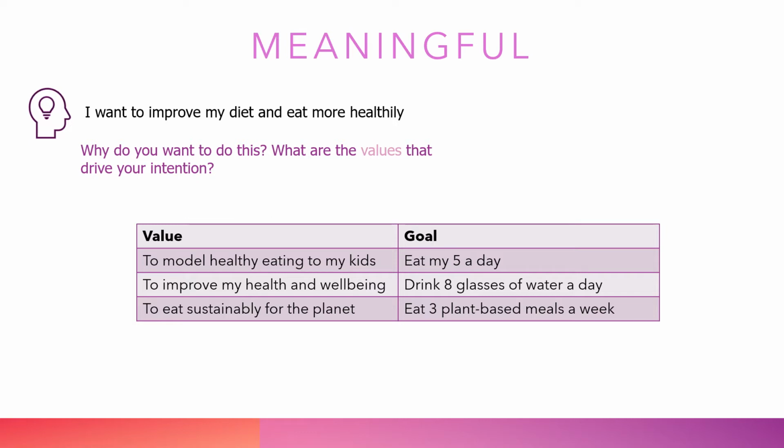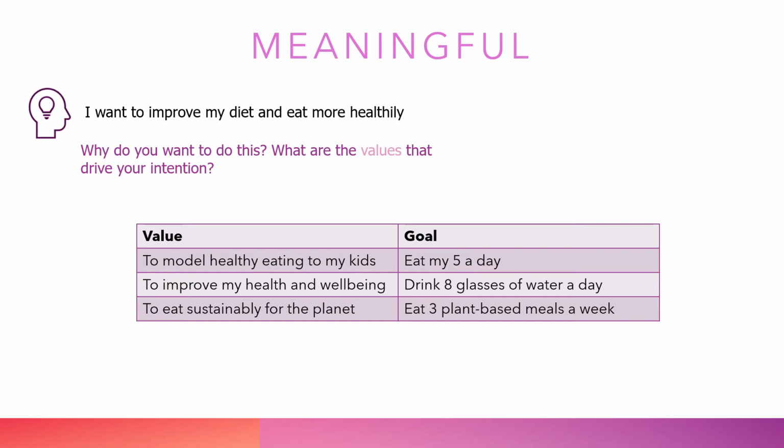And our goal to eat the 3 plant-based meals a week, well, perhaps we're the kind of person who has those ethics, that they care about the planet, they care about the welfare of animals. It might even be related to beliefs around reduced suffering and lots of belief systems and ethical systems, not doing harm to others. That also includes animals and the environment.